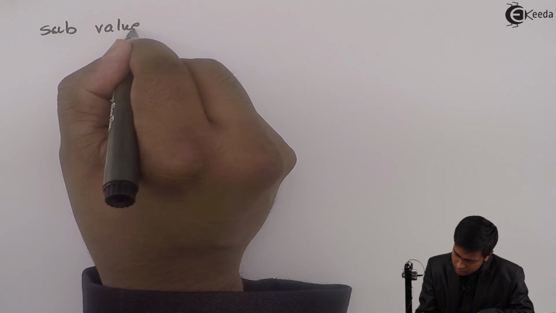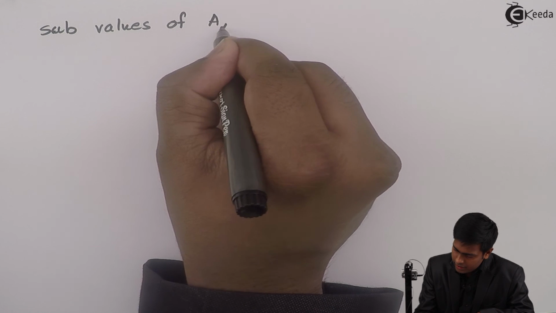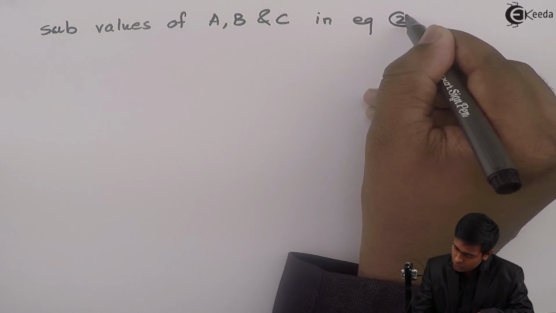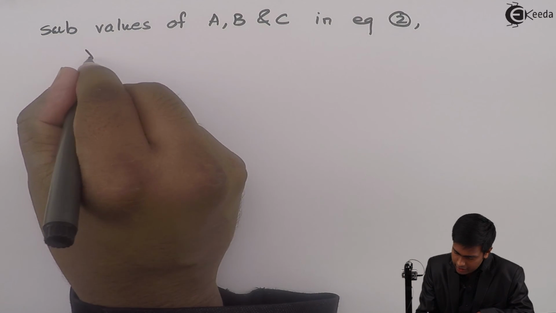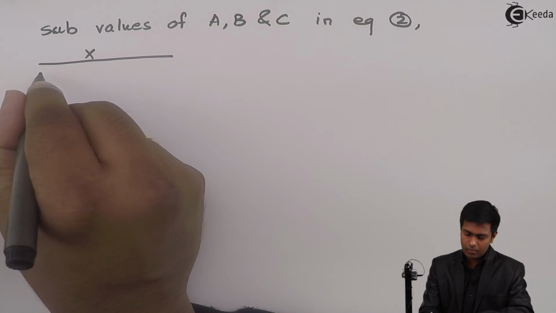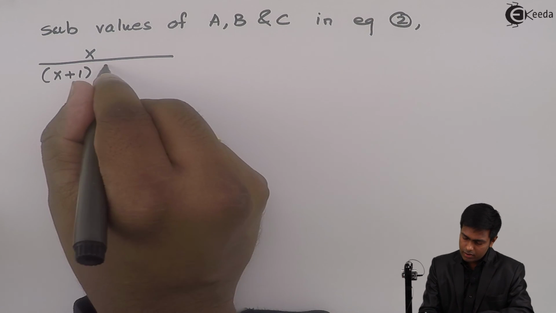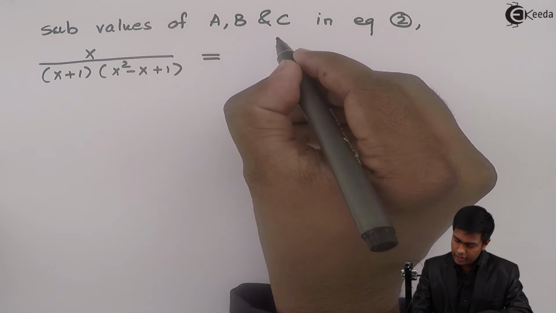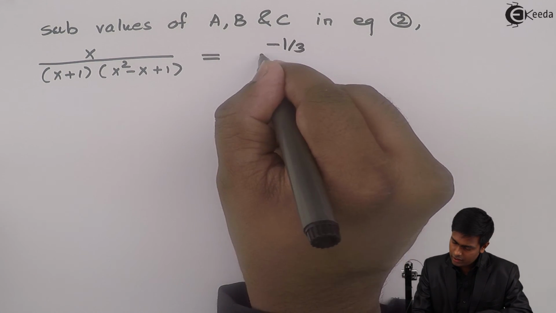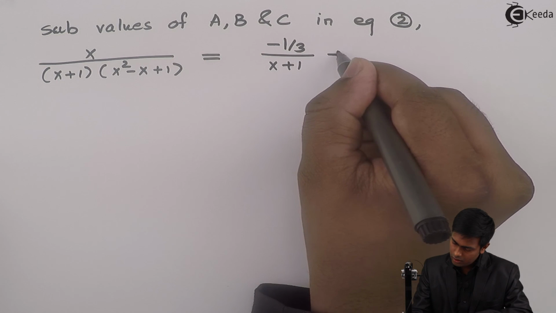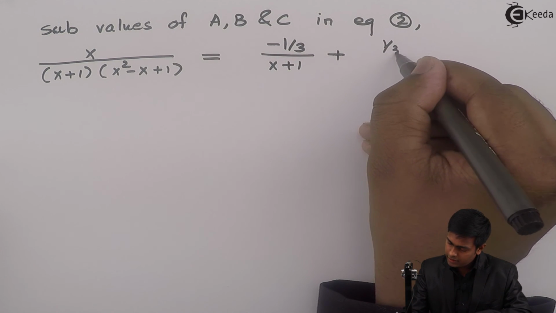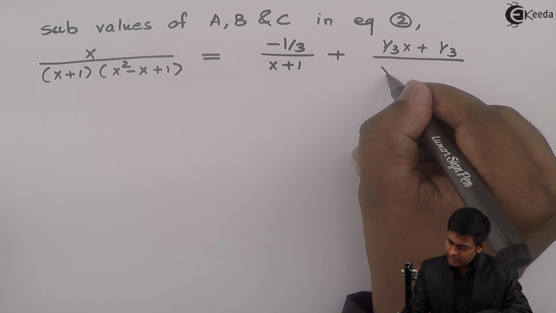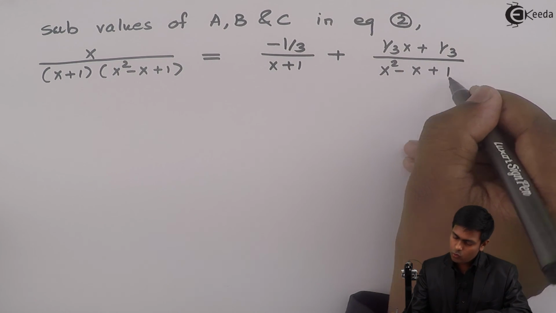So substituting values of a, b and c in equation number 2 we'll get x upon x plus 1, x square minus x plus 1 equal to, now a is minus 1 by 3 upon x plus 1 plus b is 1 by 3x plus 1 by 3, that is value of c, x square minus x plus 1.